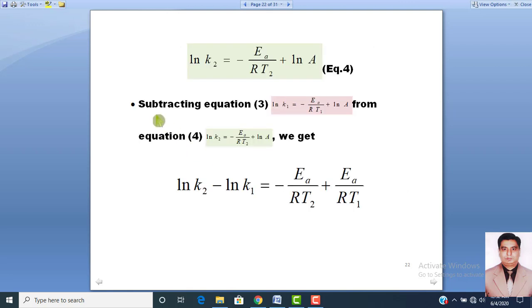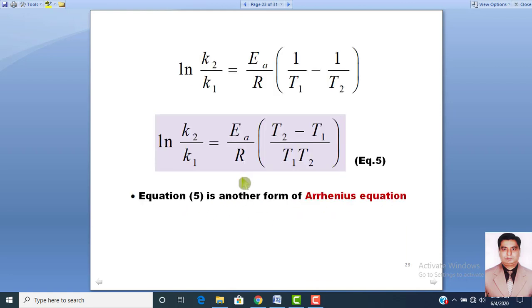Dear students, now subtract equation number 3 from equation number 4. We will get ln K2 minus ln K1 is equal to minus Ea over RT2 plus Ea over RT1. If we apply the rules of logarithm, we can write ln K2 over K1 is equal to Ea over R into (1 over T1 minus 1 over T2).